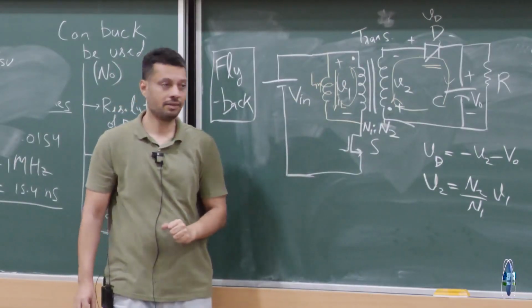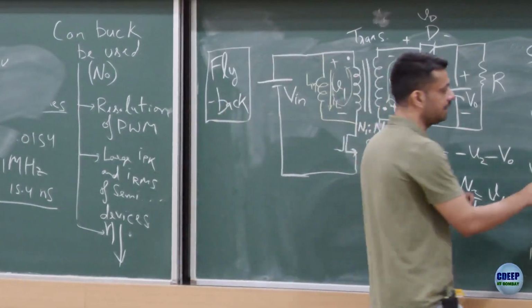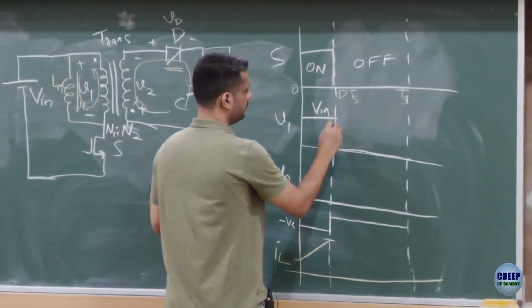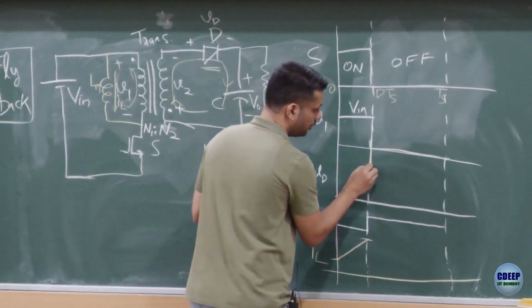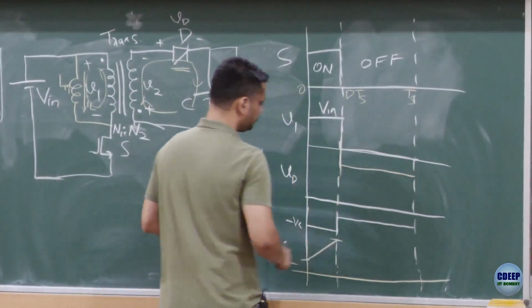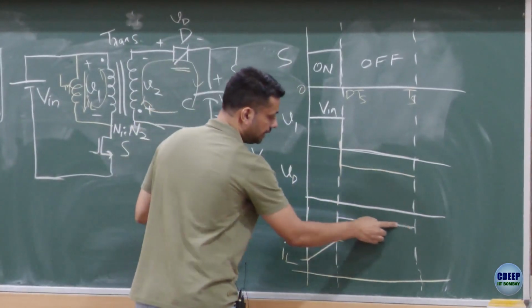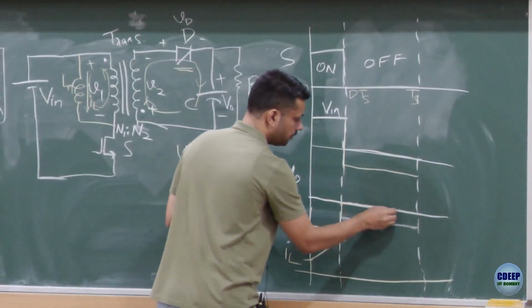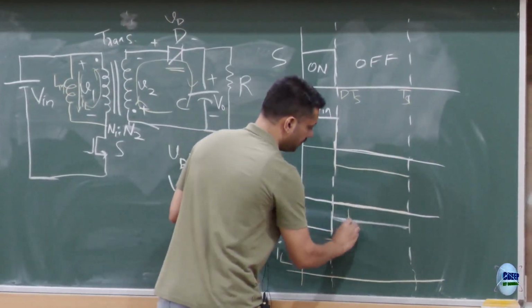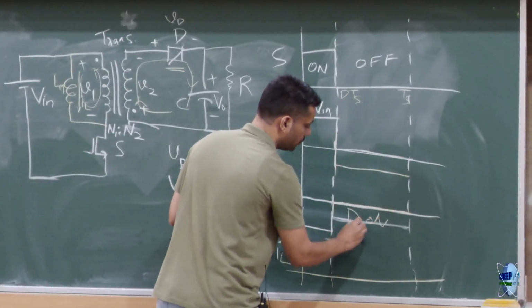Is that okay? Don't worry, I will repeat it once again if you have missed any part of it. But first let me draw. And VD will be almost 0. D will be on. Diode.